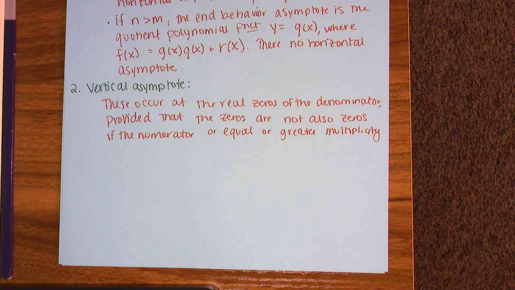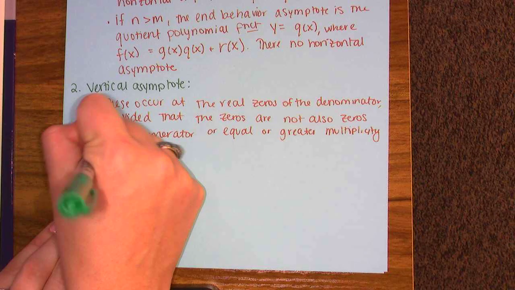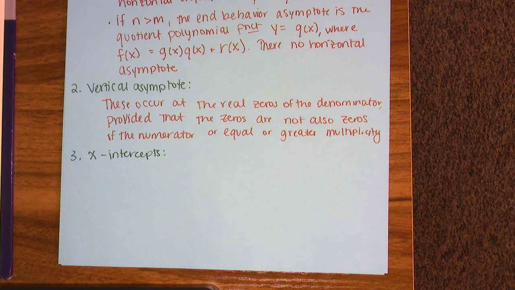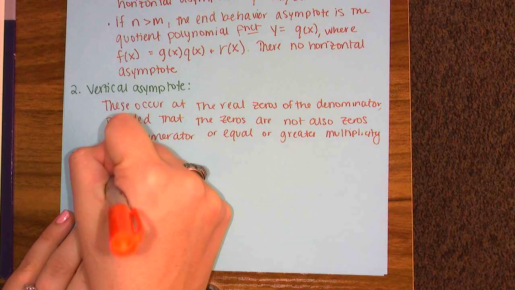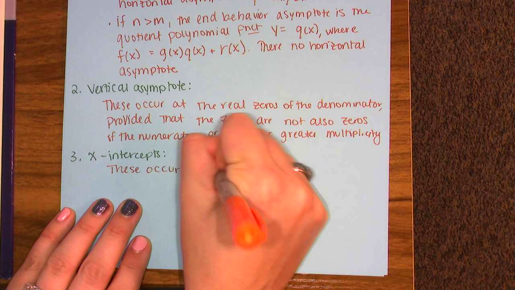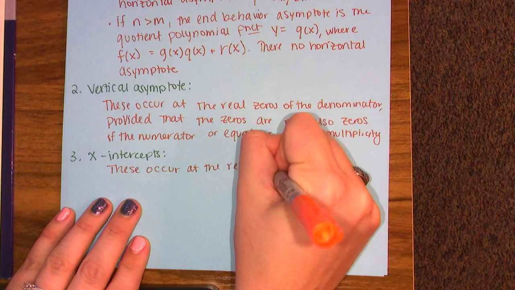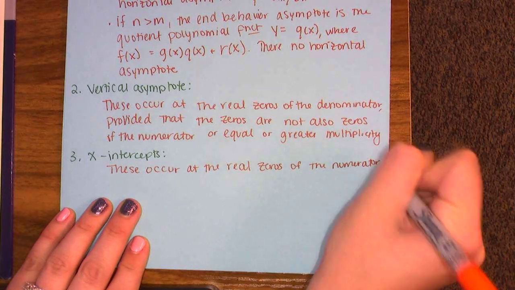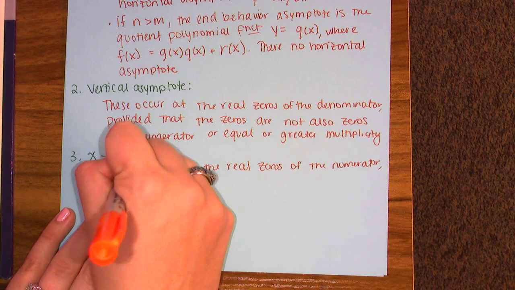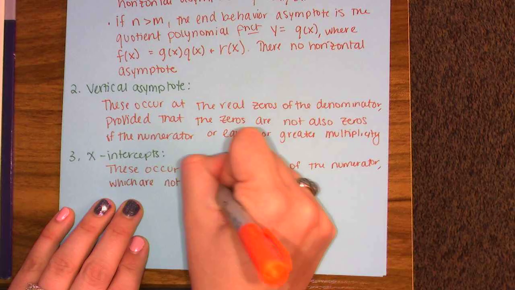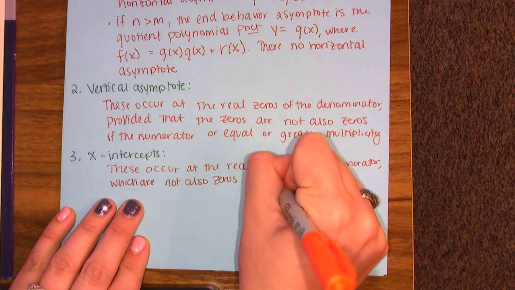Then x-intercepts. These occur at the real zeros of the numerator which are not also zeros of the denominator.